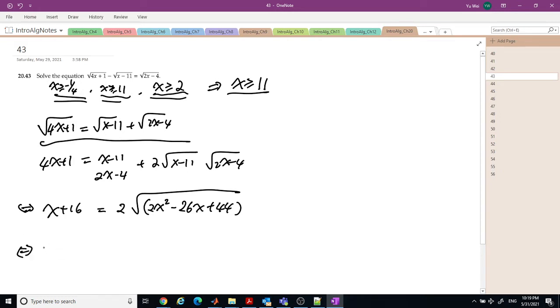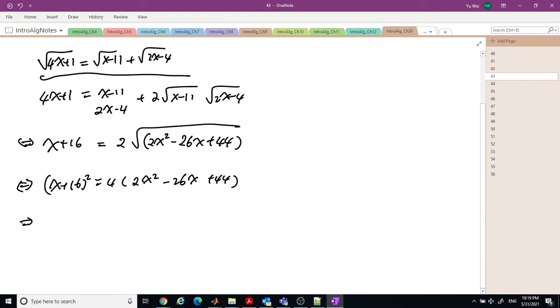Now we can further square it. We have (x plus 16) squared is equal to 4 times (2x squared minus 26x plus 44). Then we have x squared plus 32x plus 256 is equal to 8x squared minus 104x plus 176.